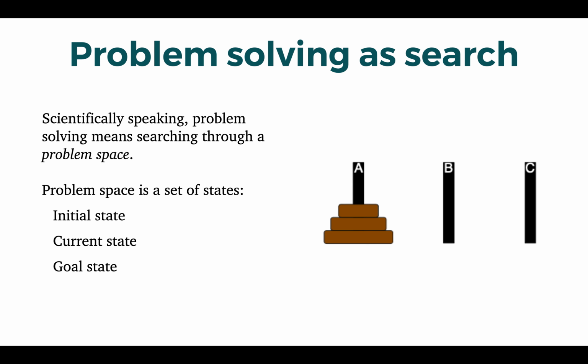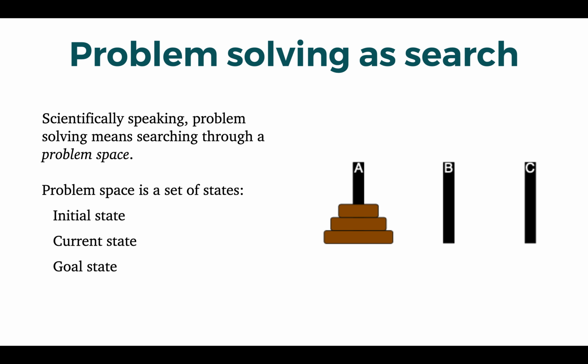Now, when we think about solving a problem, we have to think about what a problem is. If we're going to solve it, we have to know what it is. So how do we conceptualize a problem? Scientifically speaking, we talk about searching through problem spaces.